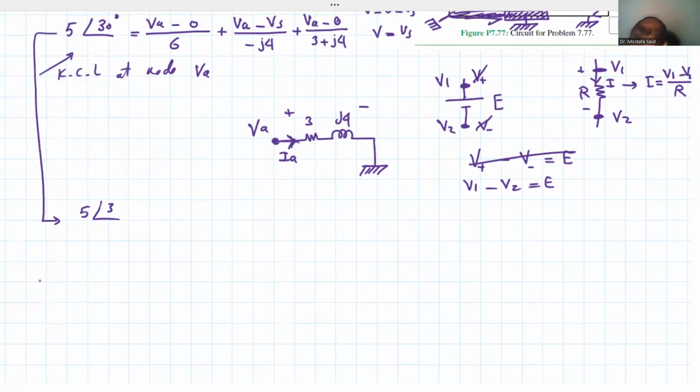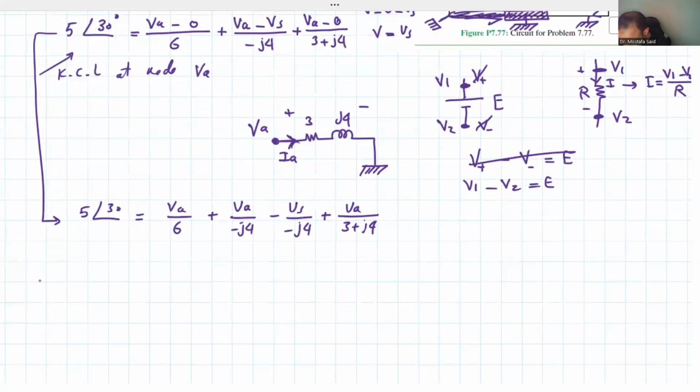5 angle 30 equal to... So VA minus 0 is VA, so VA over 6 plus VA minus G4 minus VS minus G4. Okay, just distributed the denominator to the numerator, plus VA minus 0 is VA, so VA divided by 3 plus G4.